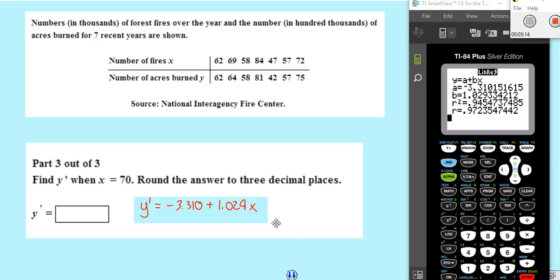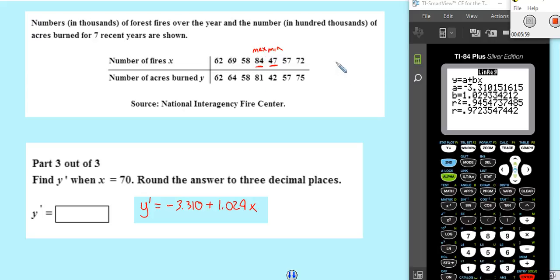When we want to make these predictions, look at your minimum and your maximum here. My minimum data value in this data set is 47. My maximum data value is 84.